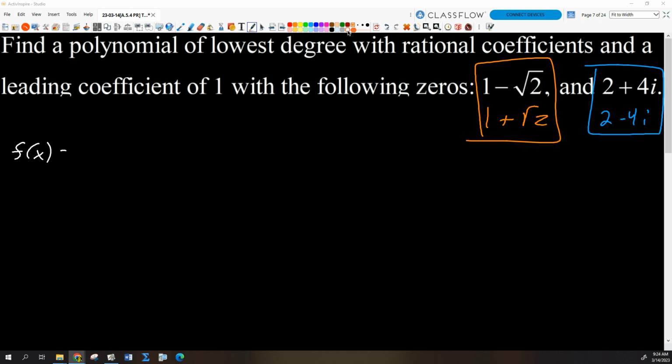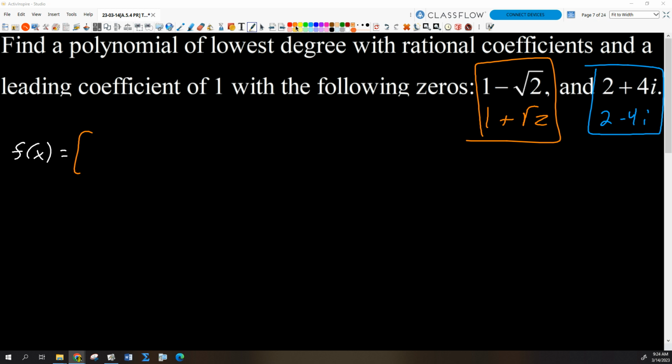So f of x is going to equal, now this is the part that you got to think about a little bit. If 1 minus the square root of 2 is a 0, what's the factor that goes with that? If k is a 0, what's the factor that goes with it? Okay, good. X minus k.